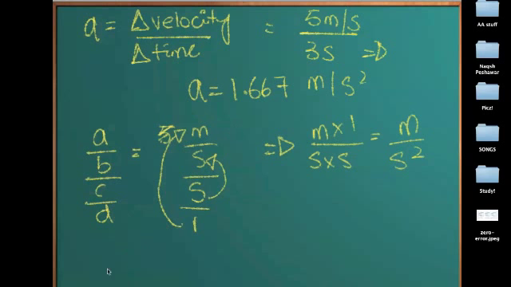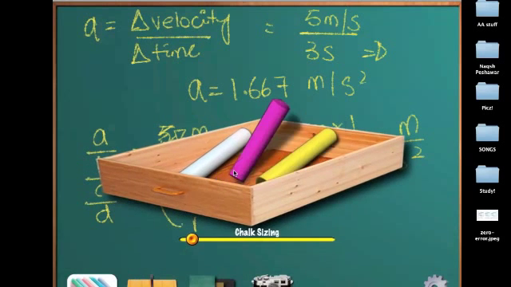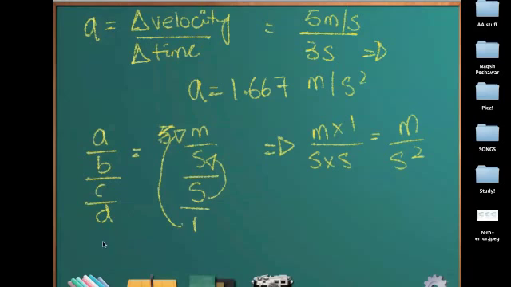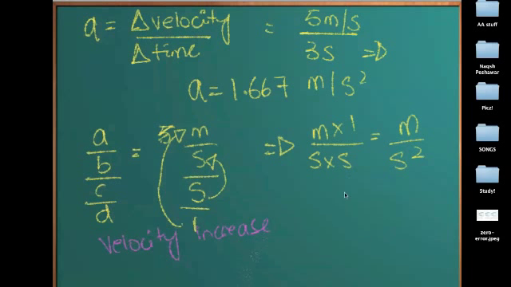What it means exactly, you have to understand this. This means that its velocity increased by 1.667 meters per second every second. This is 1.667 meters per second per second. So the velocity was increasing by 1.667 meters per second every second.